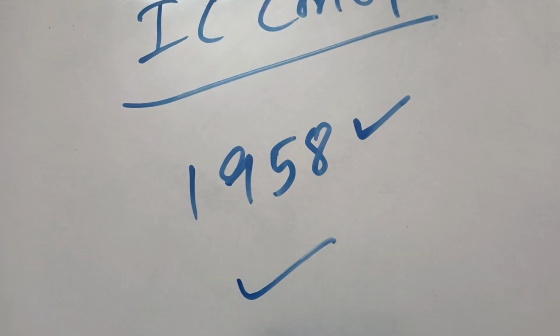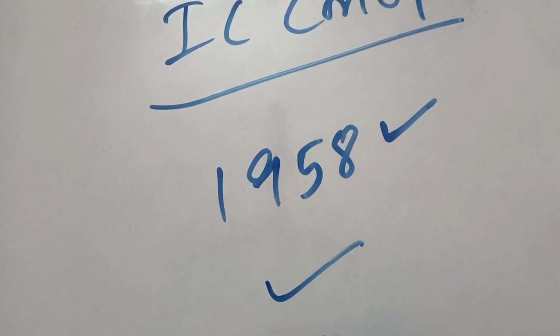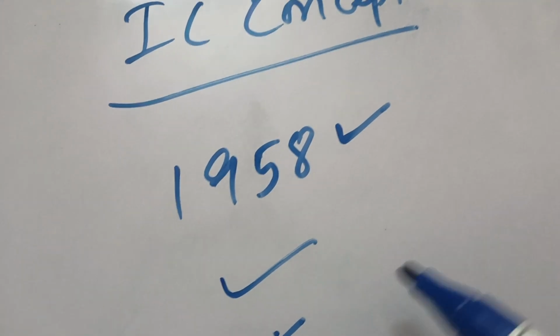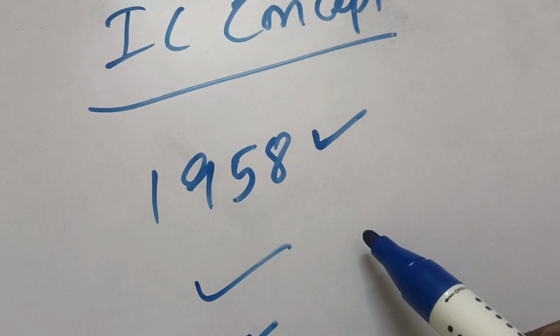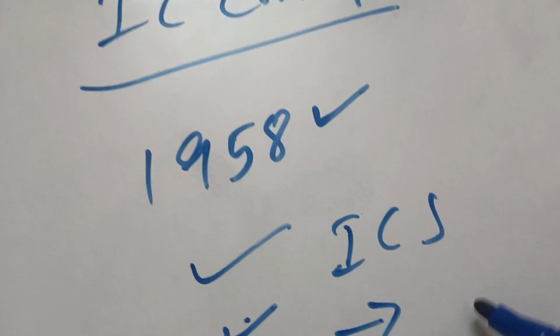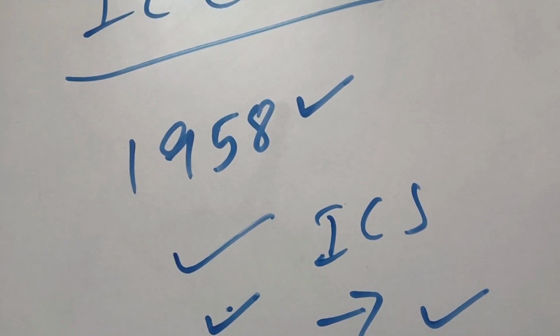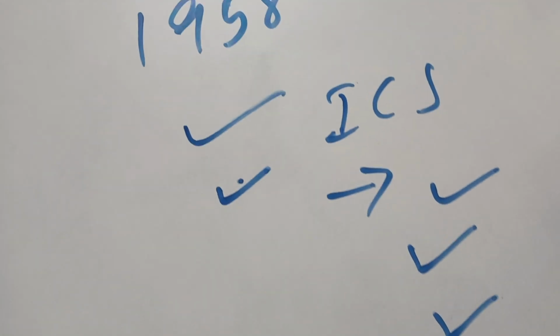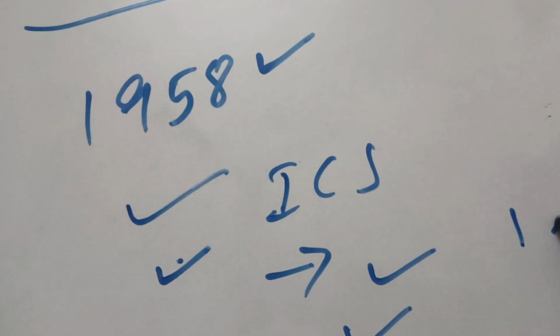Earlier computers used vacuum tubes, which were very large, costly, and power consuming. Because of ICs, vacuum tubes were replaced, because ICs are smaller in size, faster in operation, low power consuming, more reliable, low cost, etc.